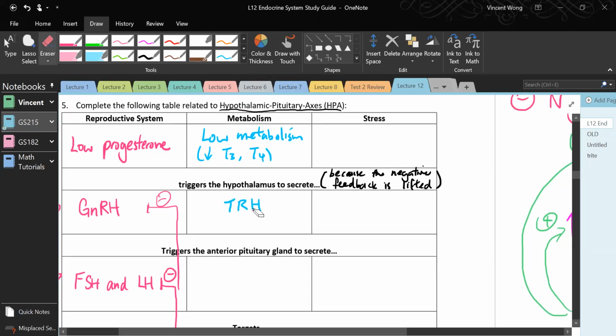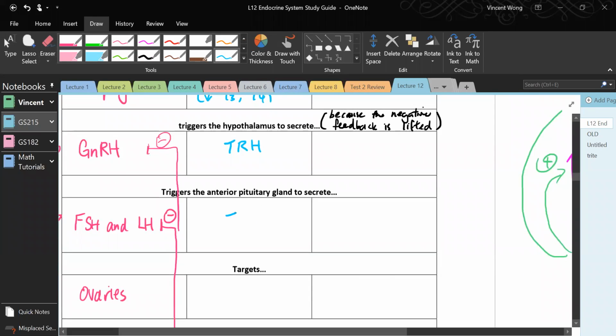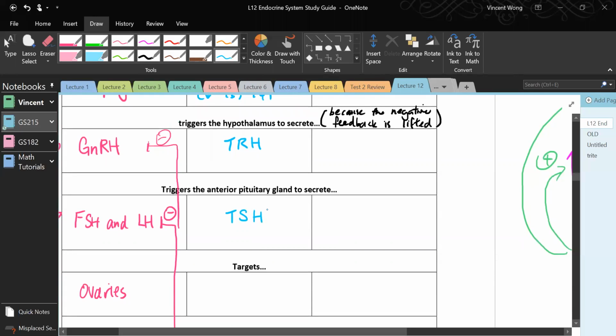Right, so you remember TRH is a releasing hormone from the hypothalamus, right? That will then tell the pituitary gland to release thyroid stimulating hormone. Once again, the detail is in the PowerPoints, what they stand for and the explanation, so you can go there. This is just a summary.